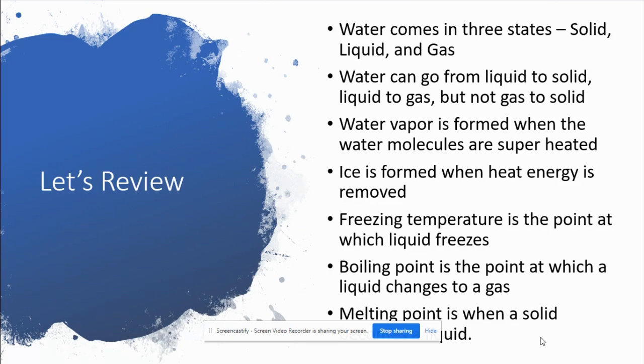Ice is formed when the heat energy is removed. Remember, there is no such thing as cold energy. You don't add cold energy to the water. You are removing the heat energy. And that's what makes it go from a vapor to a liquid, and then a liquid to a solid.